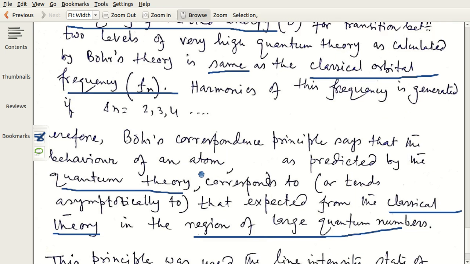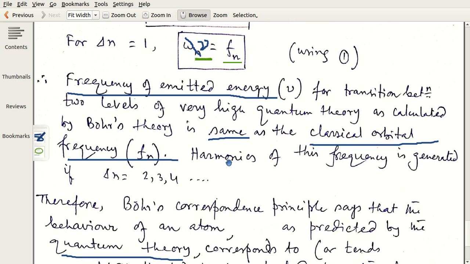Another point here, we see that harmonics are generated and no result is possible with fractional values of delta n, which is kind of a link between Planck's law and Bohr's law. That also comes from this correspondence principle. Planck told that the emitted energy is quantized.